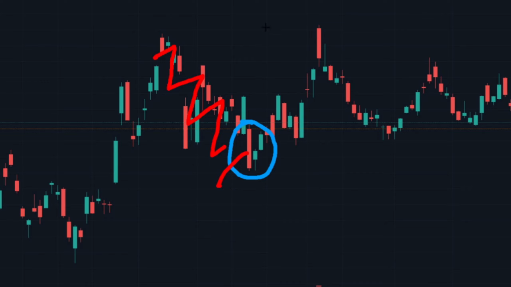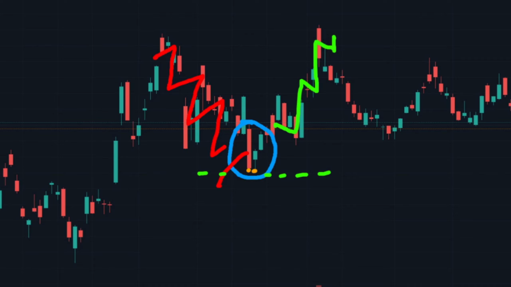What makes this a tweezer bottom is that the bottoms of the candles appear at almost the exact same level, so there and there. We can also notice that this is actually a bullish Harami pattern, and I have a video about that, linked up in the corner. But this tweezer bottom actually played out pretty well. This level marked the bottom of the short-term decline, and we actually saw an upwards ascending trend.